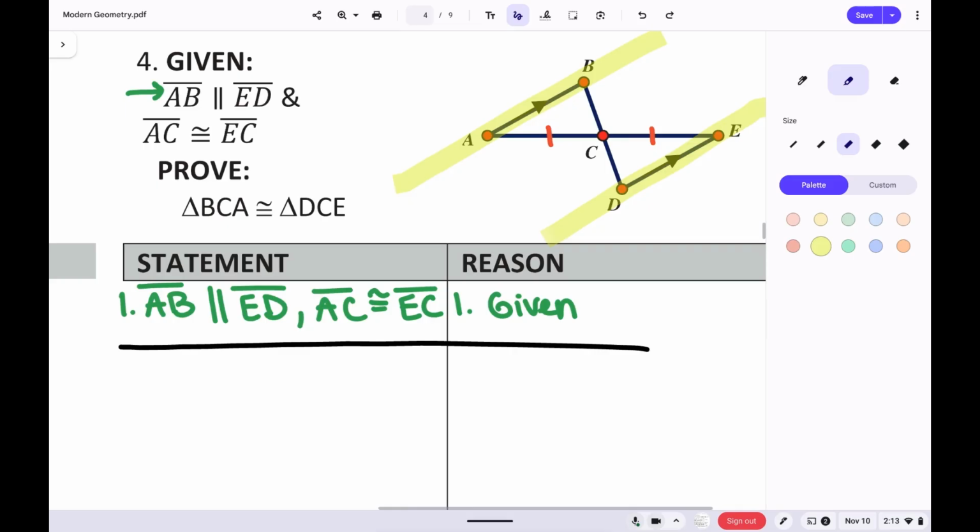And when we're looking at parallel lines and we're trying to use alternate interior angles, we probably need to find a transversal that we can use here in order for us to be able to find the alternate interior angles. Now, do you guys see a transversal that we could create that would intersect both of those parallel lines?